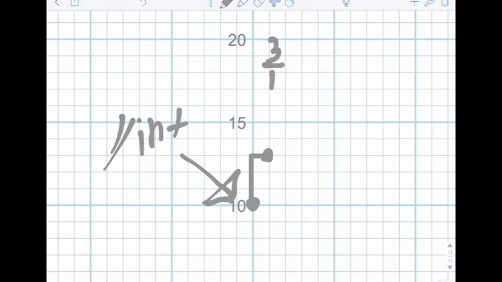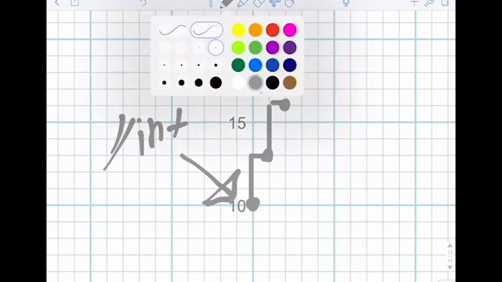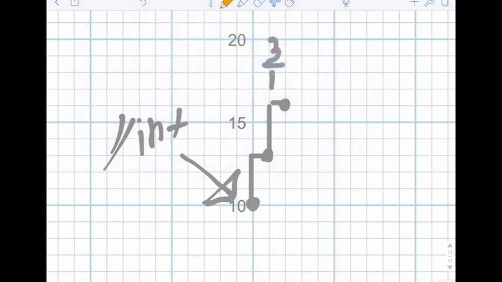And then you would go up 3 again and over 1 again. Alright, and then you can go ahead and connect that with a line. So let's do this in a different color, and let's make it a smaller line. Alright, so I'm going to try to make this as straight as possible.